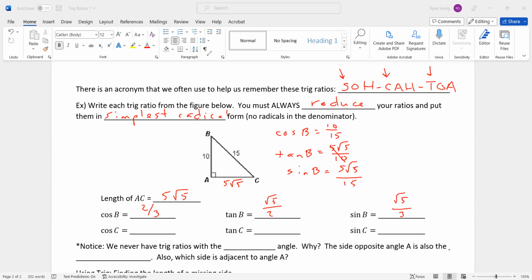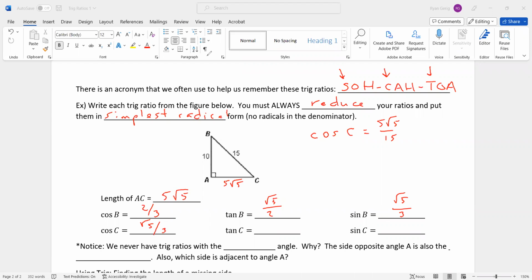Right. I'm going to switch over to C now. Okay. So the cosine of C should equal the sine of B, but let's just look at it. Cosine of C, adjacent to C is 5 radical 5 over the hypotenuse, 15, which reduces to square root of 5 over 3.